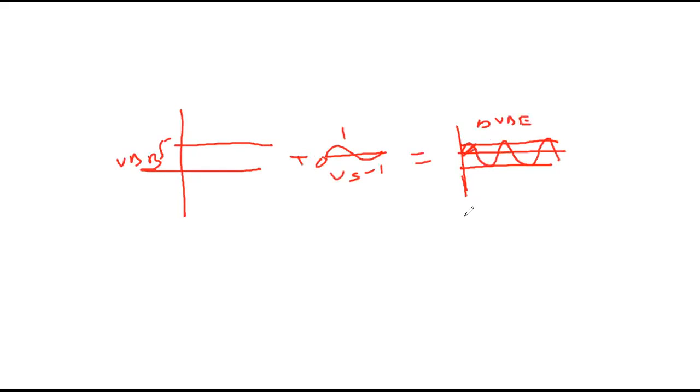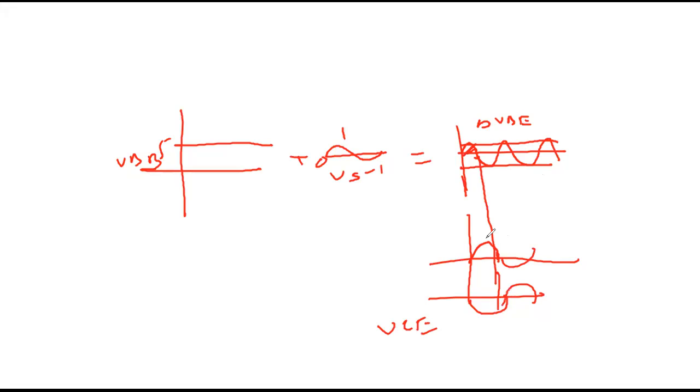When this crest goes into the circuit, IB increases, IC increases, so ICRL increases. If ICRL increases, then VCE will decrease. In the same way, when this goes to the negative side, this goes positive. So this is our input, this is our output. What we see is a phase shift of 180.